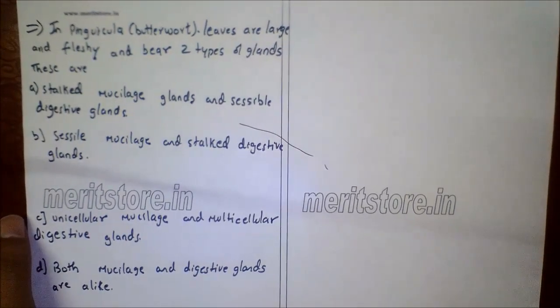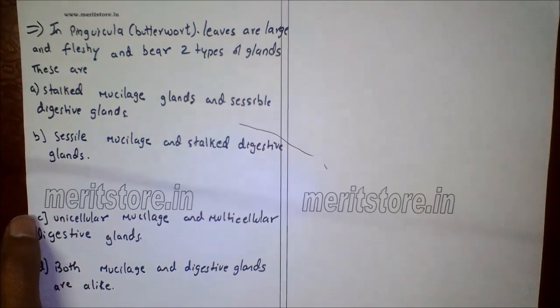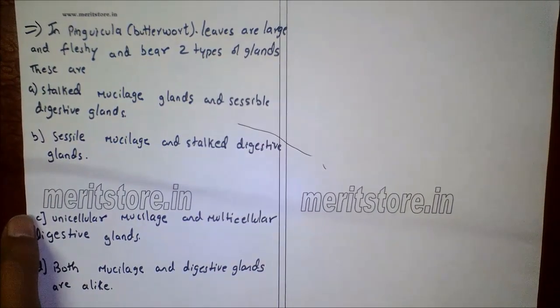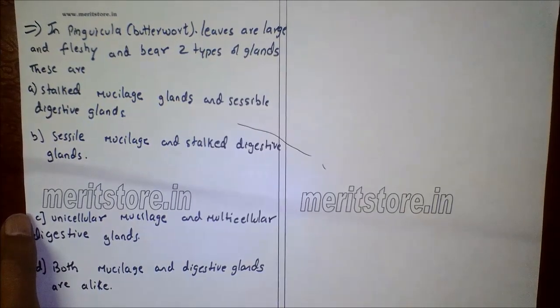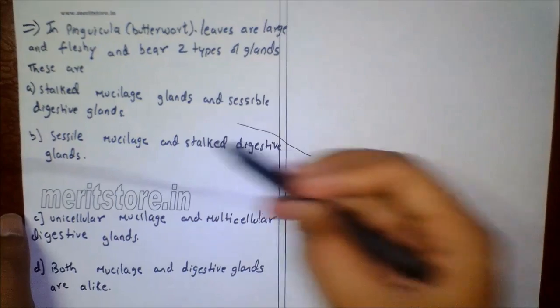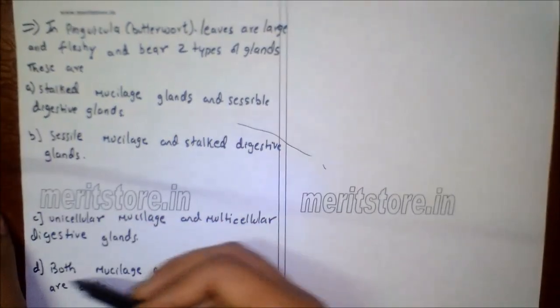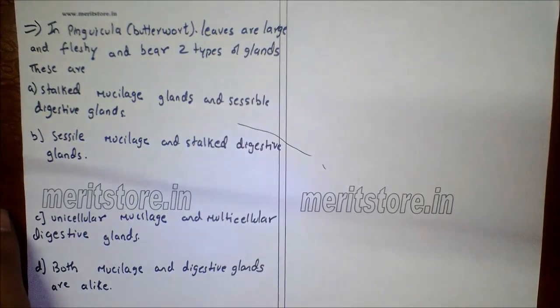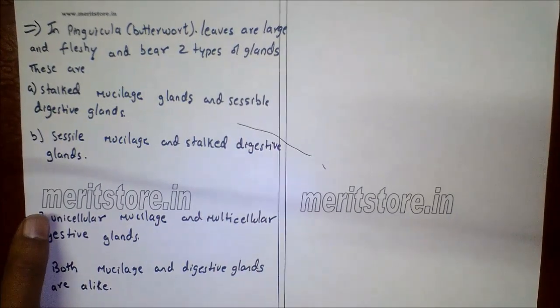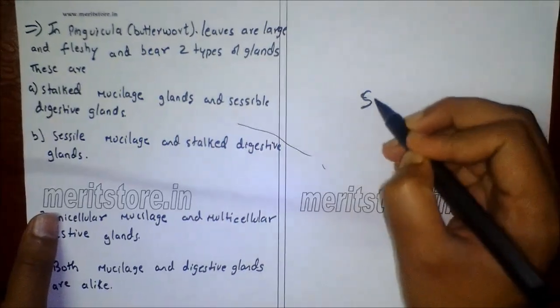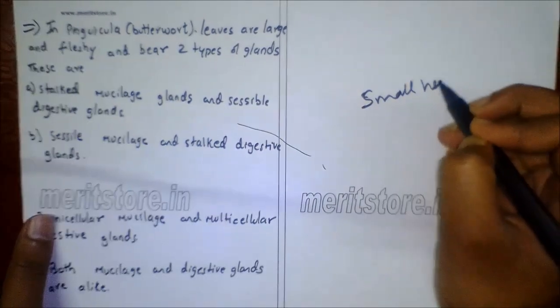In Pinguicula, that is butterwort, leaves are large and fleshy and bear two types of glands. These are: A. stalked mucilage glands and sessile digestive glands, B. sessile mucilage and stalked digestive glands, C. unicellular mucilage and multicellular digestive glands, D. both mucilage and digestive glands are alike. So the butterwort is a small herb.